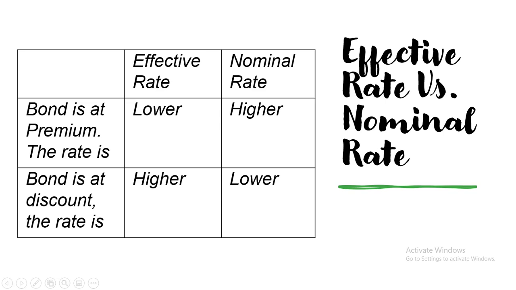While if the bond is at a discount, the effective rate is higher than the nominal rate. Again, premium: effective rate is lower, nominal rate is higher. If it is a discount, effective rate is higher, the nominal rate is lower.